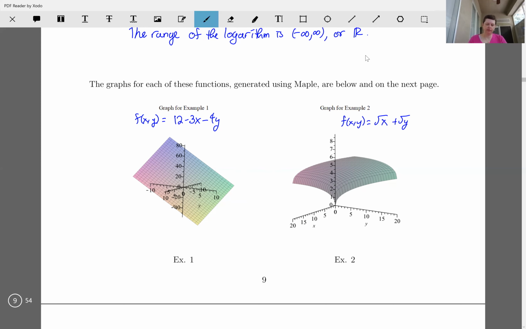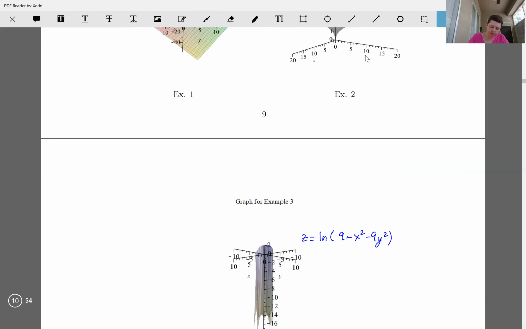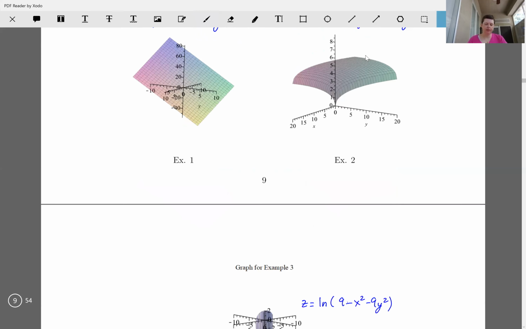And the last example, the weirdest looking one, is z, or f of x y is 9 minus x squared minus 9y squared. So I guess I should actually put z equals, because it's just hanging out by itself. All right.